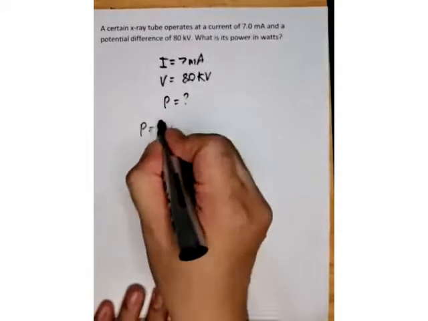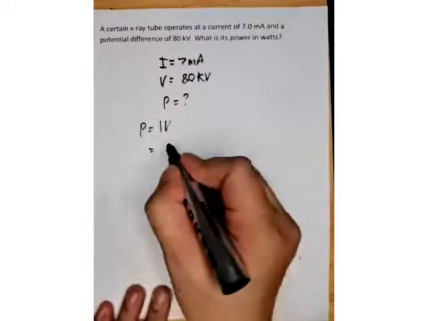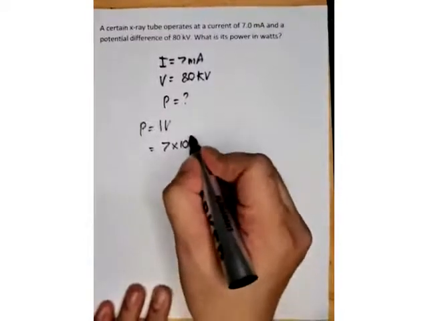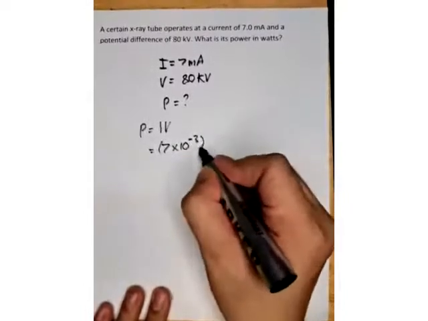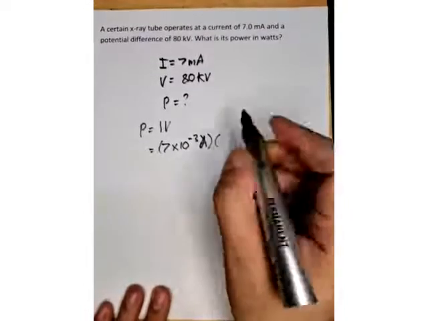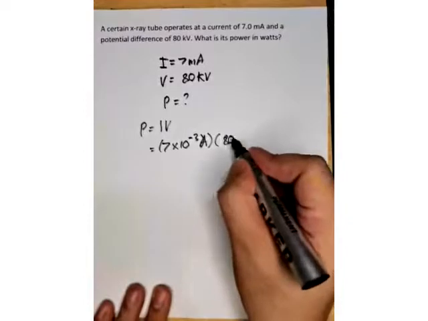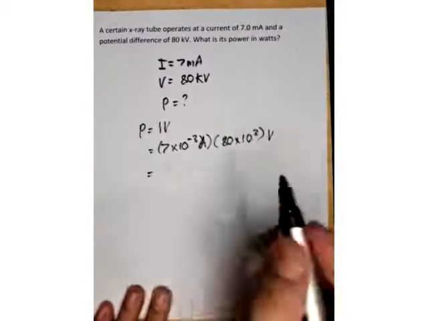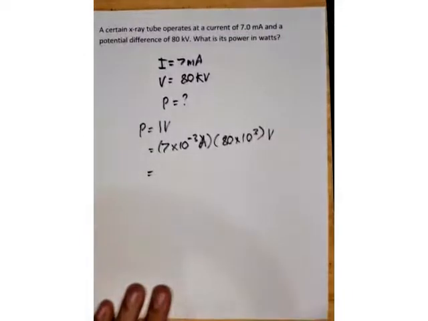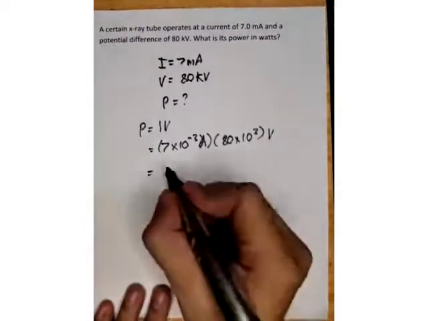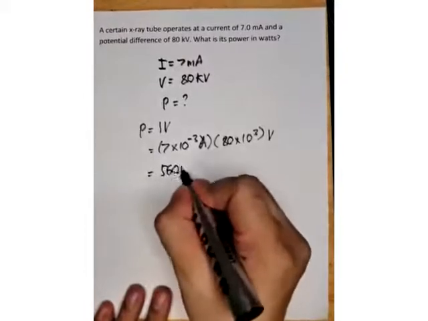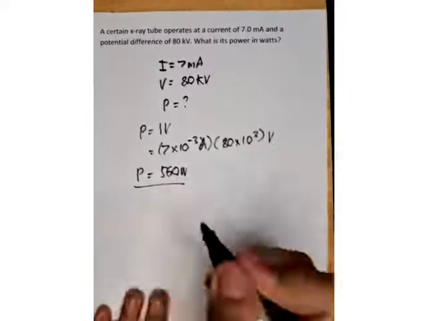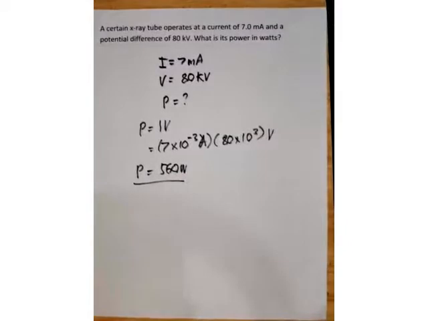So power is VI, so that's equal to 7 times 10 raised to negative 3 ampere times 80 times 10 to the 3 volts. The answer is 560 watts. So the power is 560 watts.